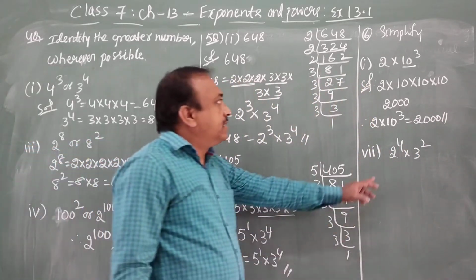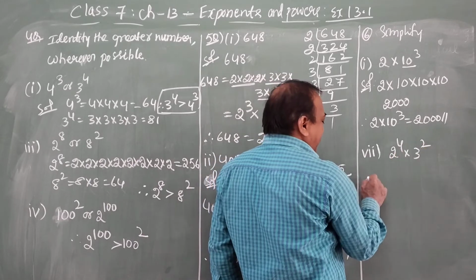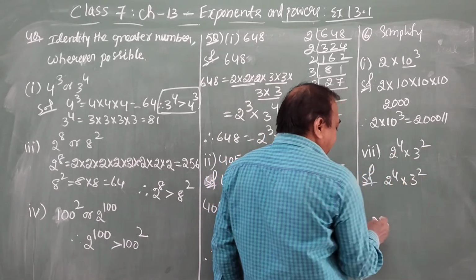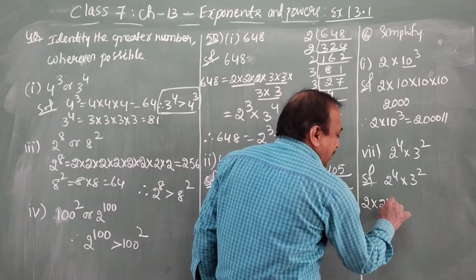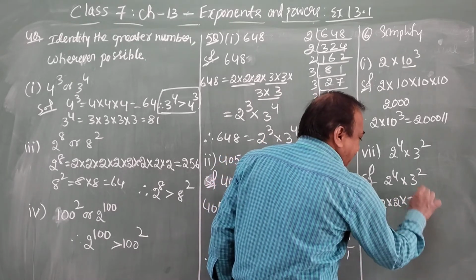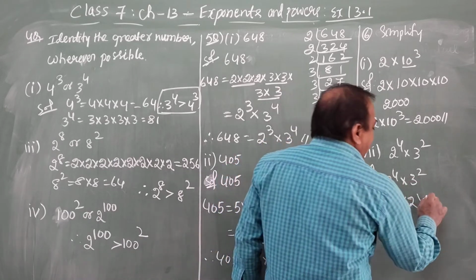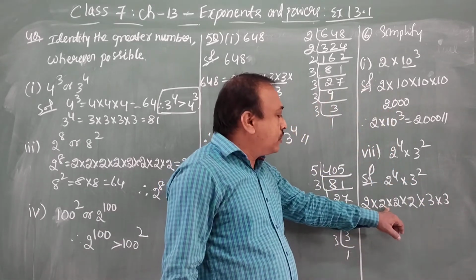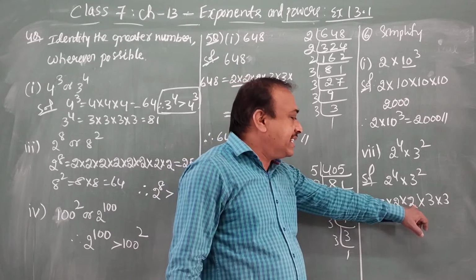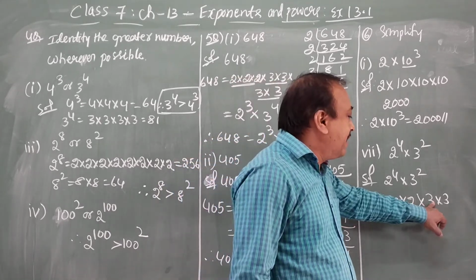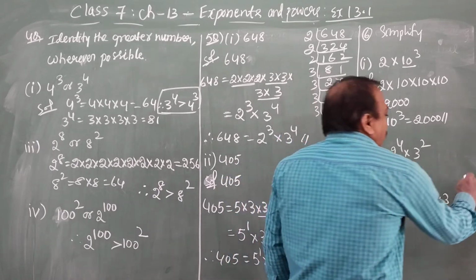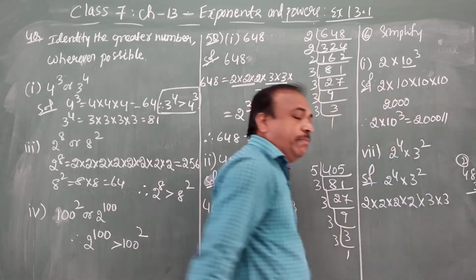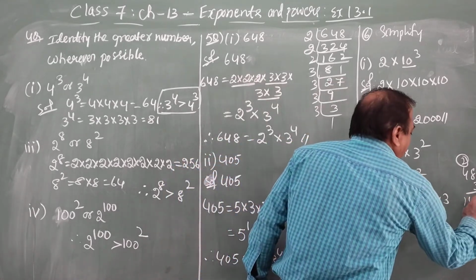Next, see this one. 2 to the power 4 into 3 square. 2 to the power 4 into 3 square means 2 into 2 into 2 into 2, 4 times, into 3 into 3. 2 twos are 4, 4 twos are 8, 8 twos are 16, 16 threes are 48. 48 into 3, you multiply, 3 eights are 24 and 3 fours are 12 plus 2, that is 144.